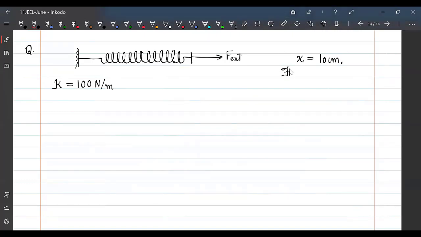Then find the spring force, and then find the value of F external. How much will it be and in which direction will the spring force act? And then also find the value of F external. Pretty simple question.